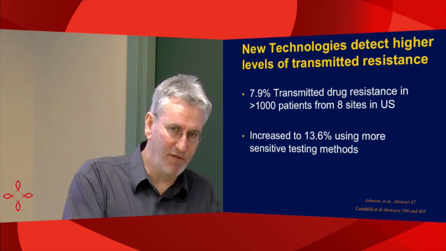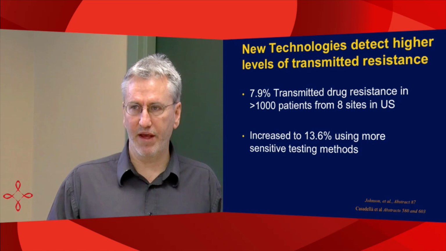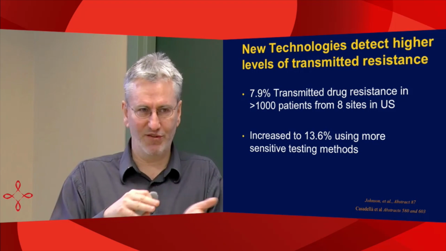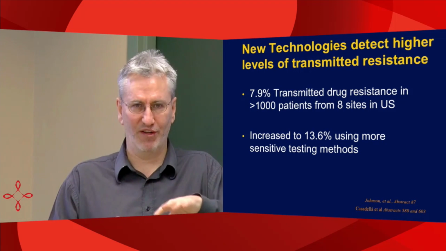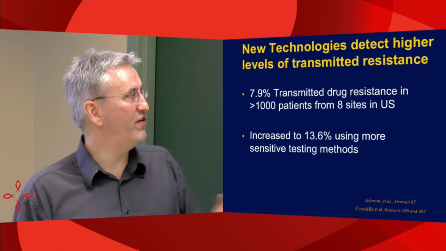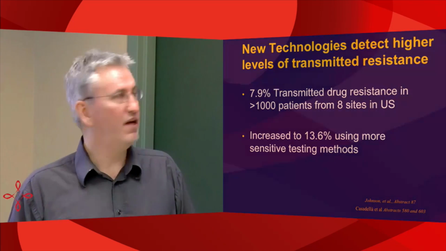Down around the very, very low levels, it won't make any difference because there's no molecules to find 2% in. You've only got one molecule. It either will be or won't be drug resistant. But we're moving towards these new technologies.